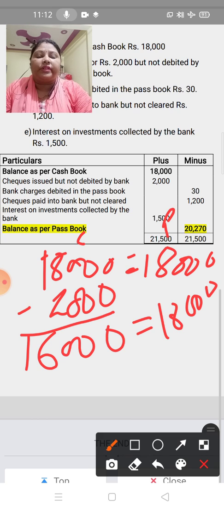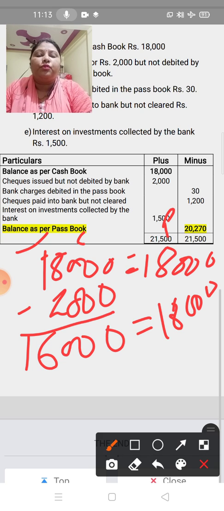Now see the difference. In the first transaction both are equal. But when you made the check issued transaction, the cash book is not equal to the passbook. The cash book is 2,000 less than the passbook. So what you have to do in the cash book? You have to make 18,000, you have to make it equal to the passbook.